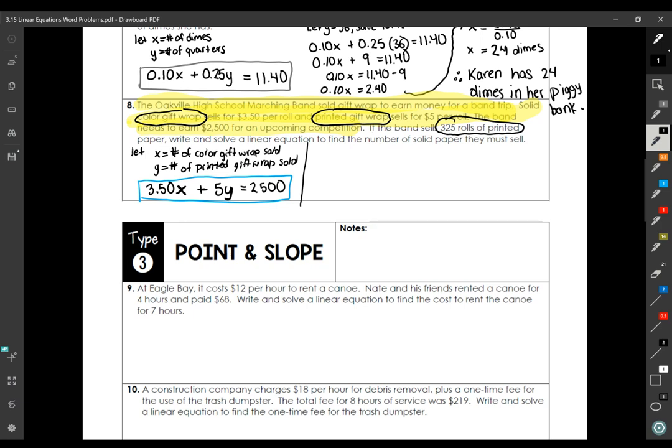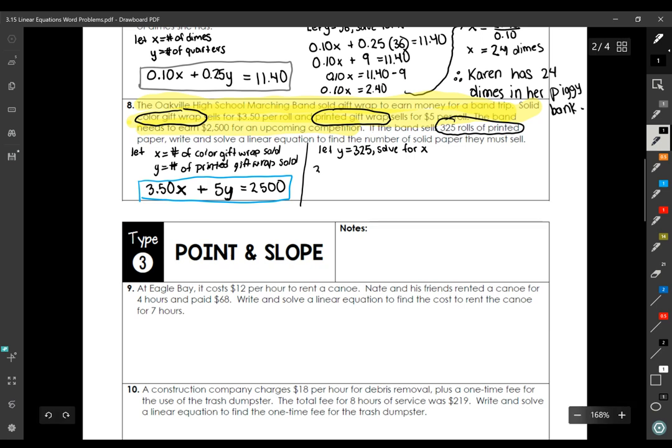You may have put x as printed wrap paper, it doesn't matter. I put y as my printed wrap paper. So I'm going to let y equal 325 and solve for x, which is what we want to find, the number of solid paper.